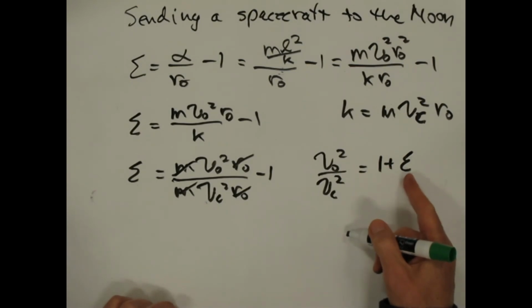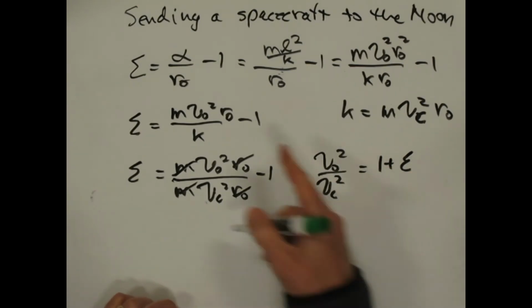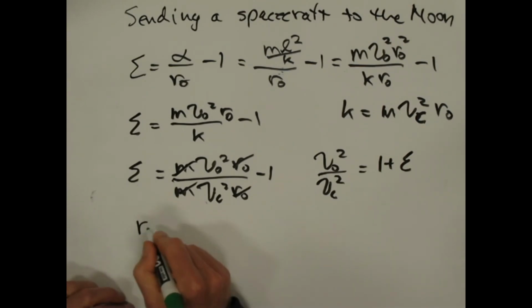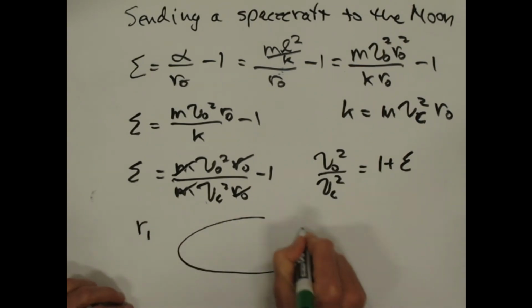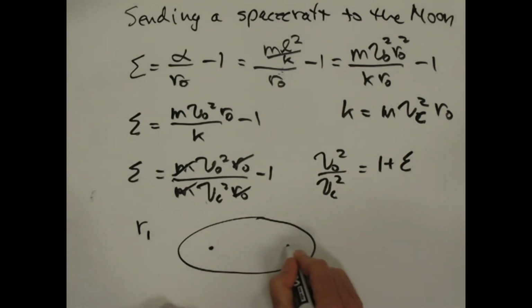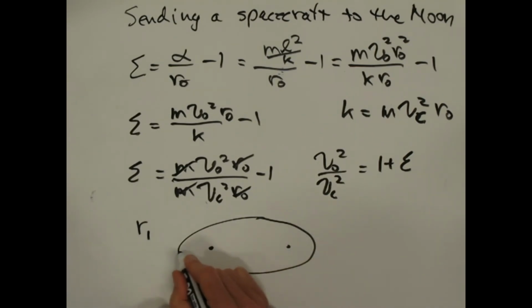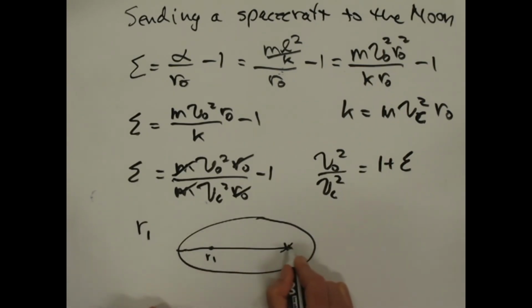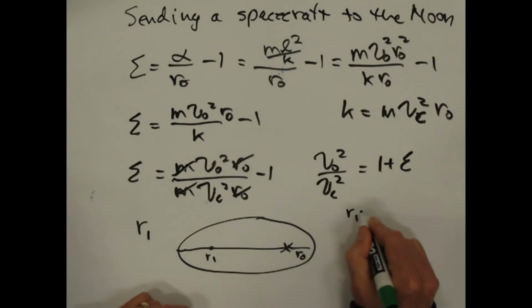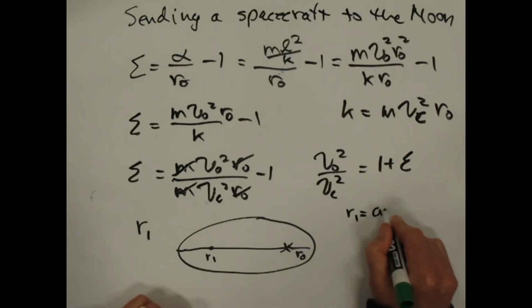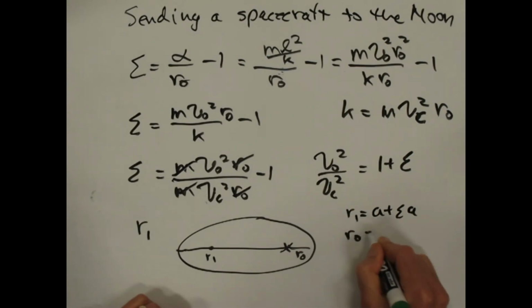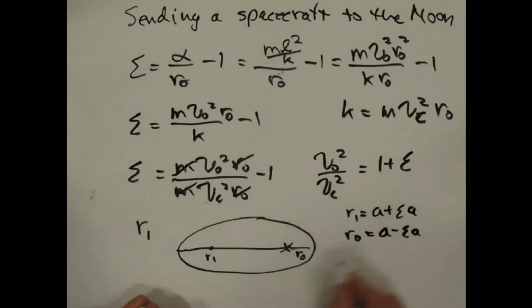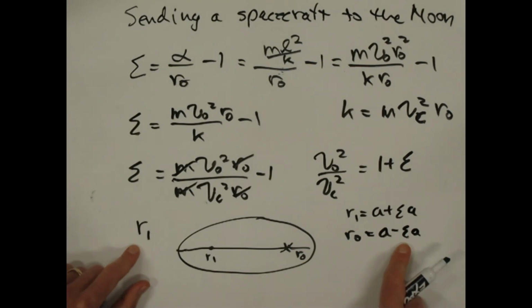You can get the eccentricity from the two radii. If this is my orbit, here's where the sun is, this is R1, and this is R0. R1 is equal to A plus epsilon A, and R0 is equal to A minus epsilon A. So you have to figure out how to tease the eccentricity out of that.